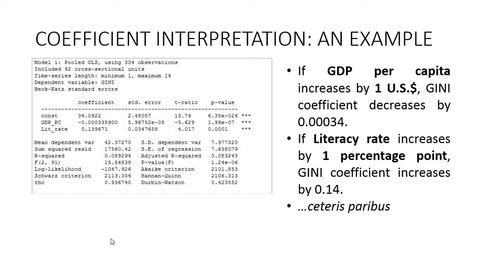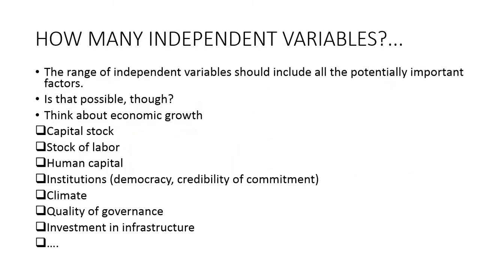So since we are discussing several independent variables being included into one regression model, you might wonder how many independent variables you include. Technically speaking, hypothetically, you should include all the factors which might potentially determine the value of the dependent variable.